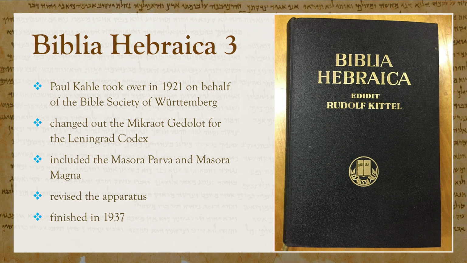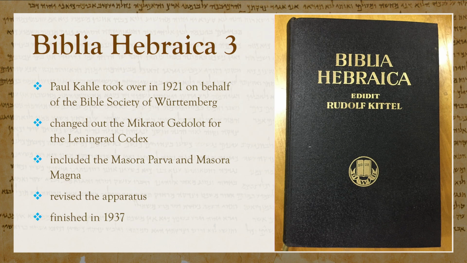So this is when Hebrew scholarship said, all right, let's stop basing it on a 16th century rabbinic printed Bible, and let's go to a handwritten manuscript from the year 1008. And so that all happened in the year 1921, where we took a huge leap, I don't know if I want to say forward, it was more backward, to an earlier form of the text that can give us much more accurate understanding of the Old Testament.